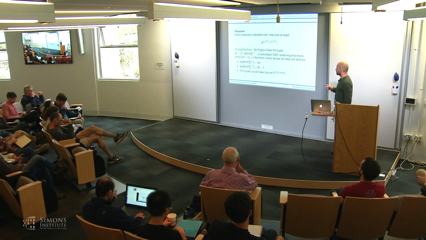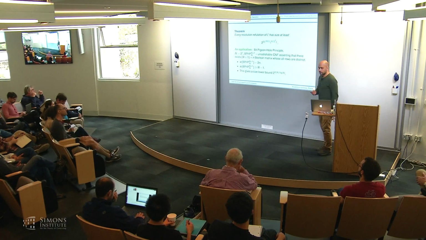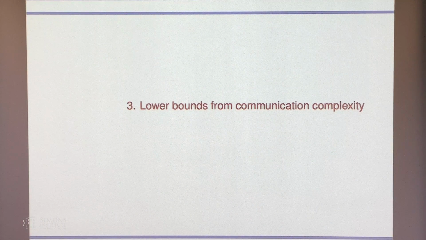So now I will move to a different proof technique, and that is by reduction of proof complexity lower bounds to communication complexity. Anup will be talking about communication complexity, so if what I say doesn't make 100% sense now, it will make more sense after Anup is talking.